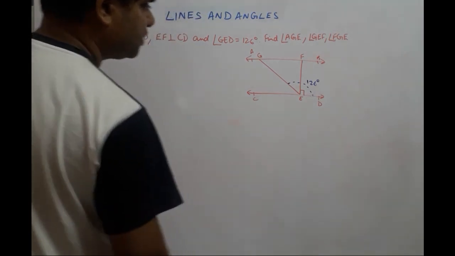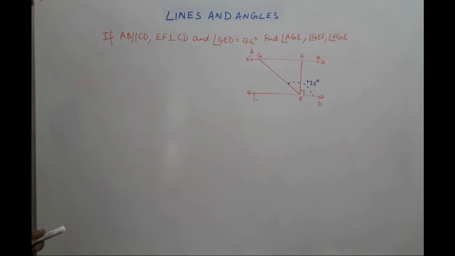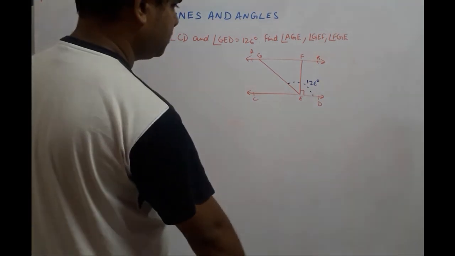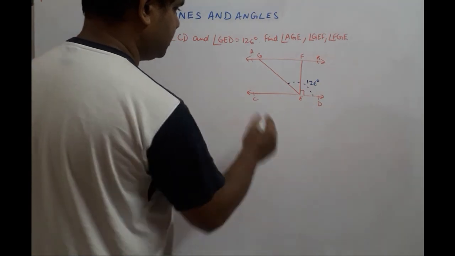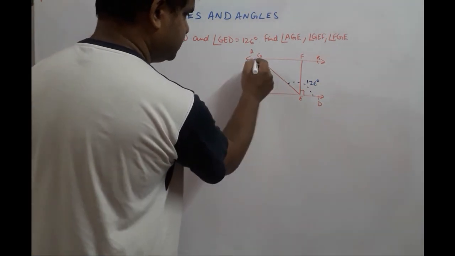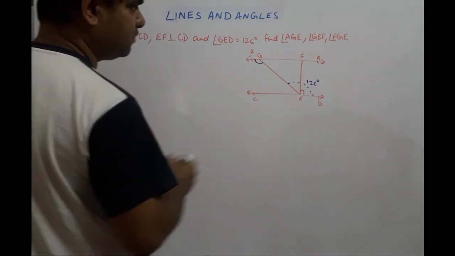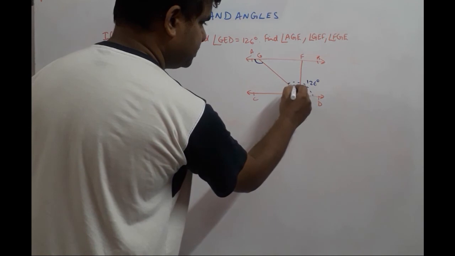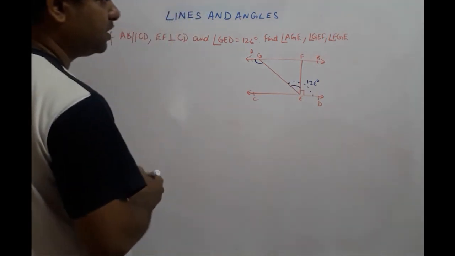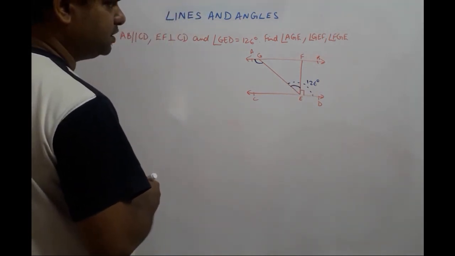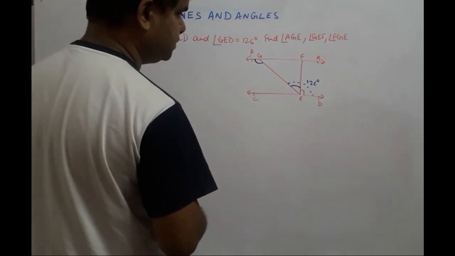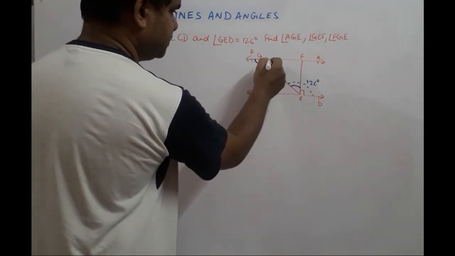Now we are asked to find out angle AGE. So I'll also mark the things that we need to find out. Angle AGE is this one that we need to find out. Angle GEF, which means it is this angle that we need to find out. And angle FGE, okay, so we need to find out this angle as well.